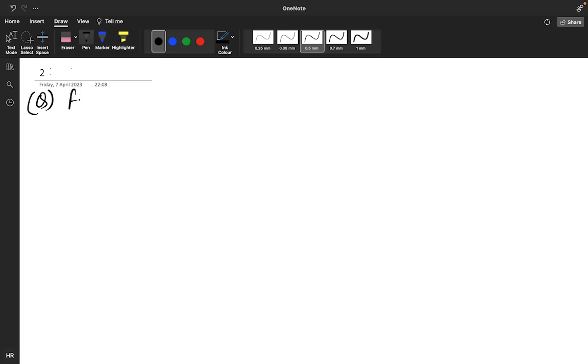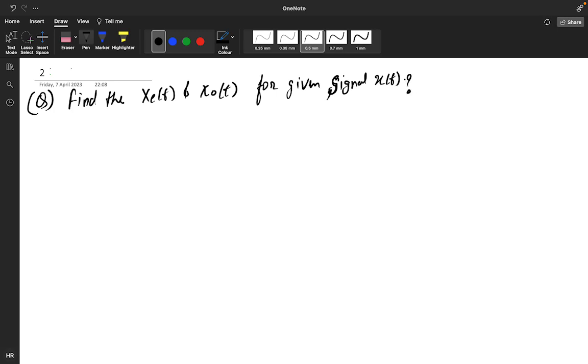You need to find the xe of t and xo of t for the given signal x of t. Okay, you need to find. So your given signal is like this.